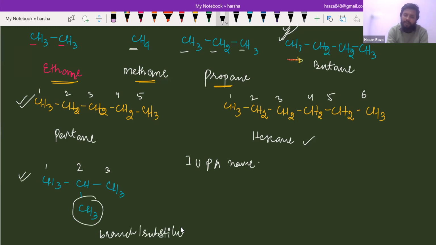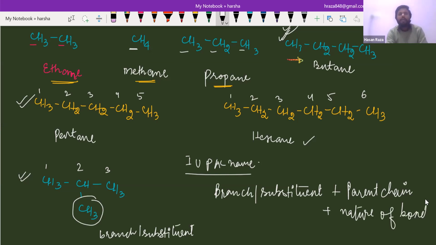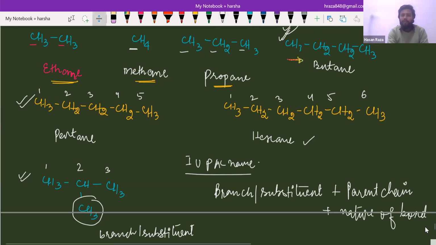You write the branch or substituent name first, then the parent chain, and then the nature of the bond.